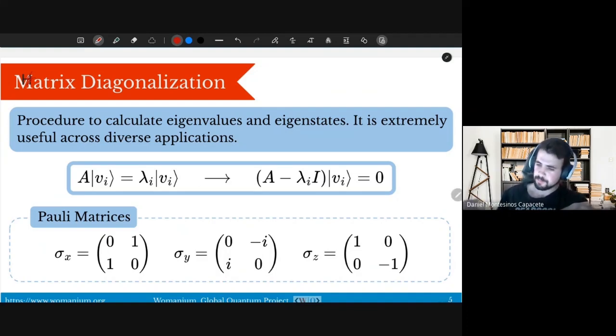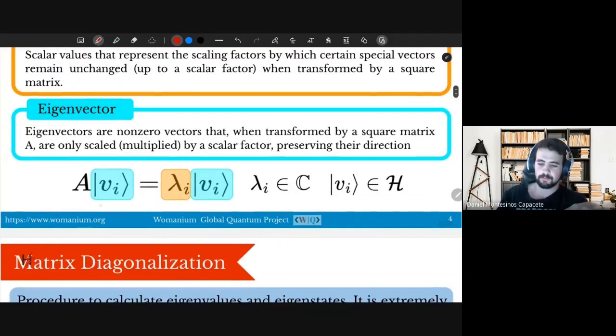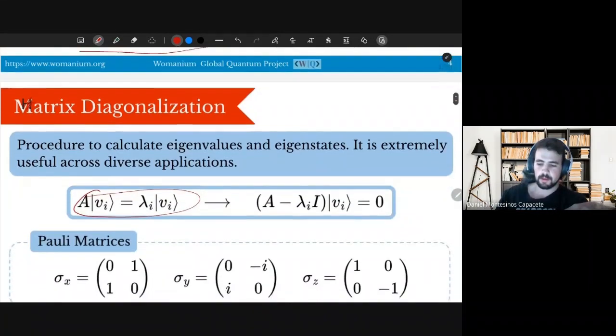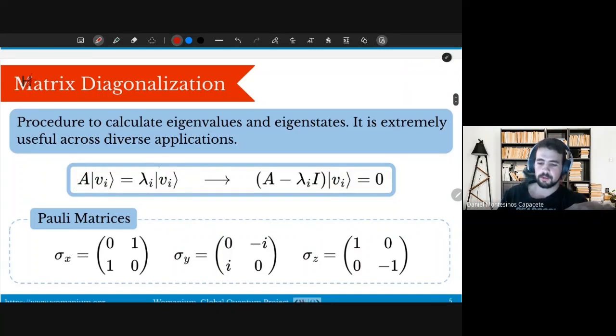Take this equation, and this equation is exactly this one, right? If you, let's say, take this into the other side of the equation, you get this other equation. And here you have the identity matrix, since this is a matrix equation.